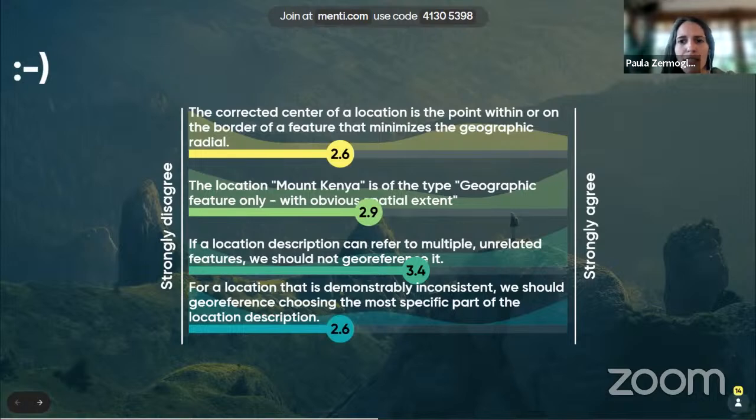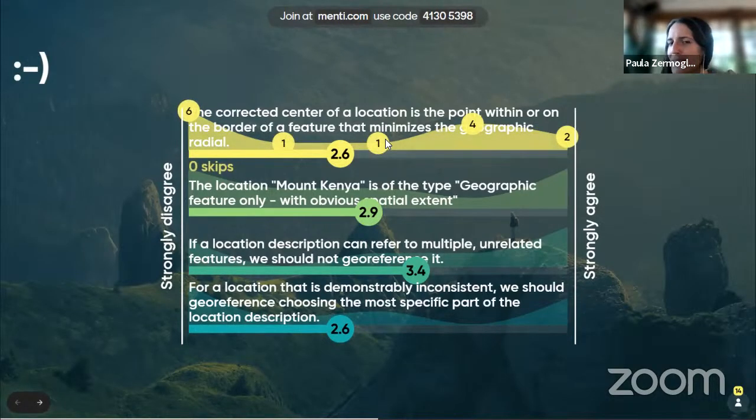Okay, but for the sake of time, while you finish answering, we will start talking about the first one. The first one is: the corrected center of a location is the point within or on the border of a feature that minimizes the geographic radius. So there is people who disagree, that say that this statement is incorrect.